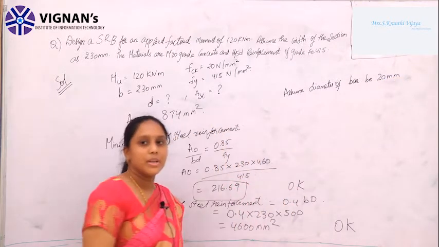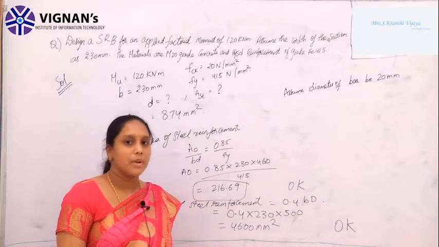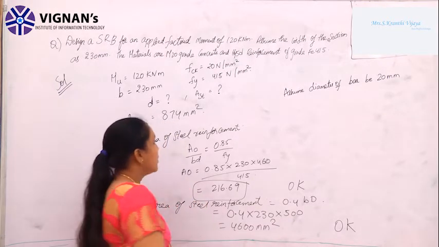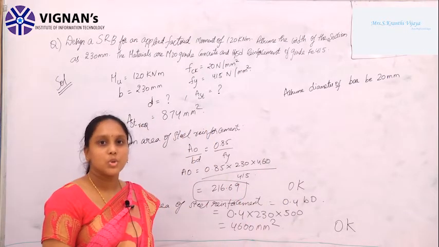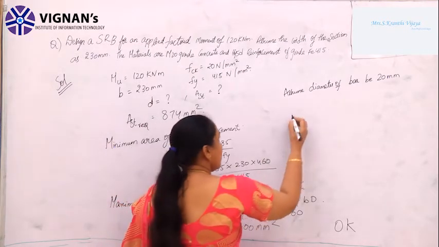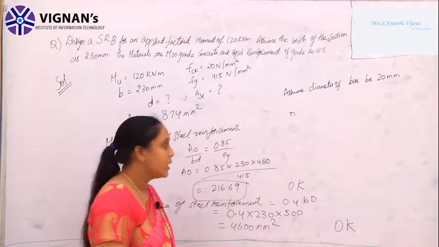Now what I am assuming is, let the diameter of the reinforcement bar be 20 mm. So now I will calculate the number of bars to be provided. So let n be the number of bars to be provided.